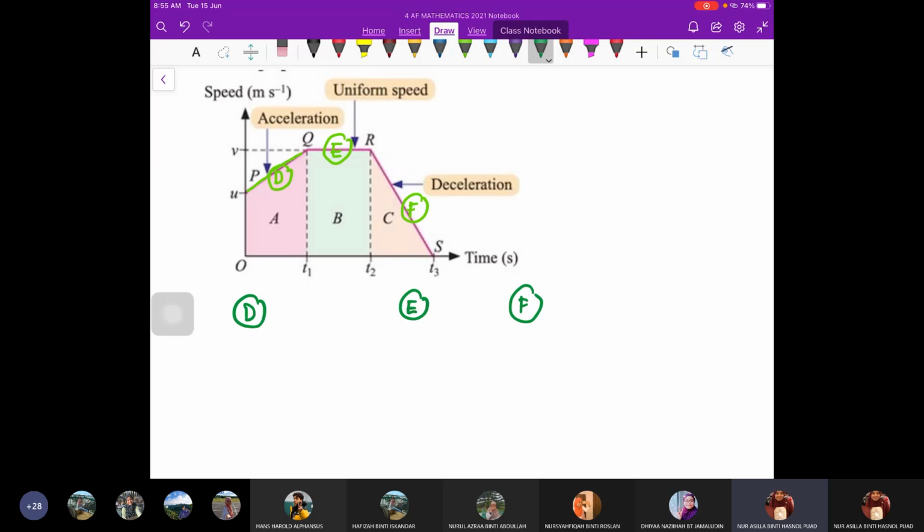Okay, so different dengan distance time, dia akan bagi kamu kat mana kamu start.